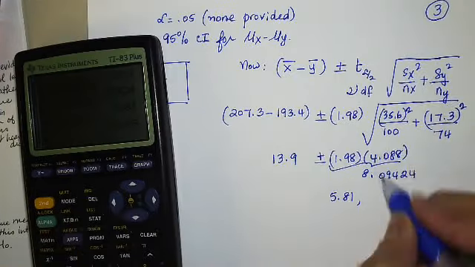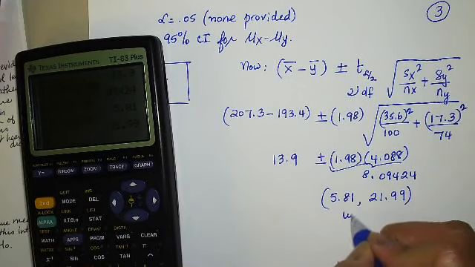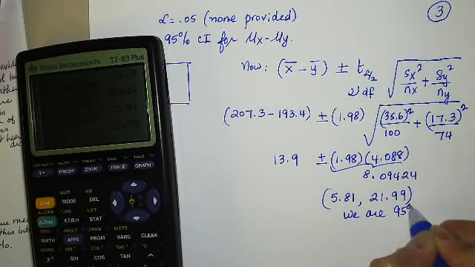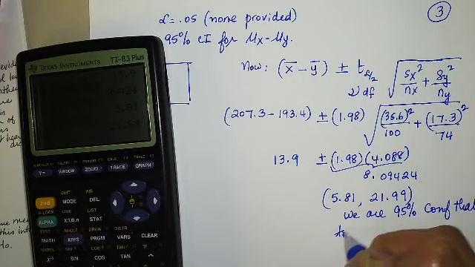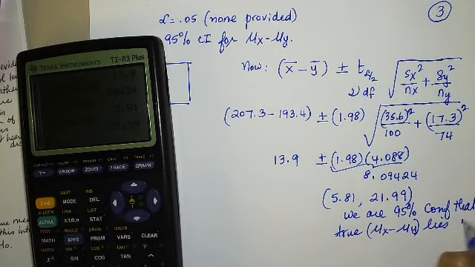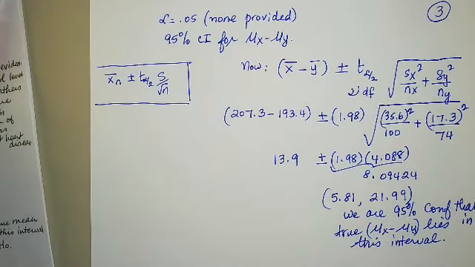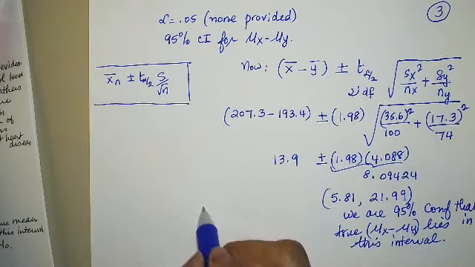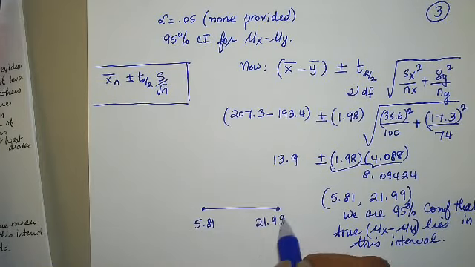So 13.9 minus 8.09 gives me 5.81, and 13.9 plus 8.09 gives me 21.99. So we are 95% confident that the true mu x minus mu y lies in this interval.